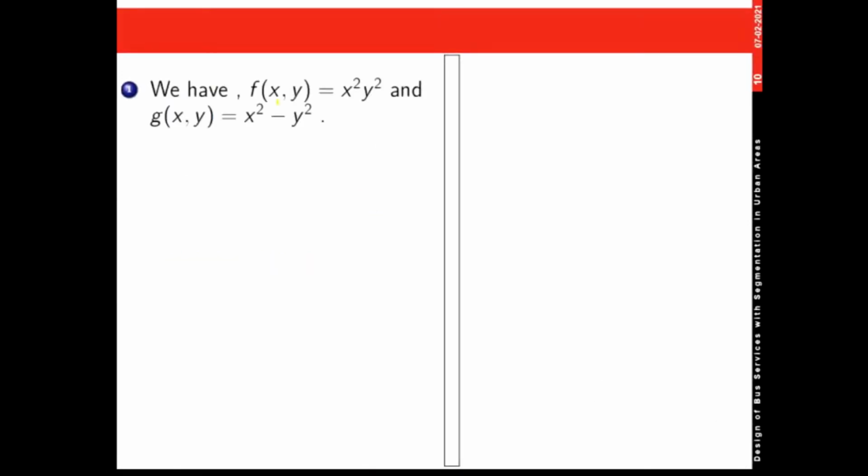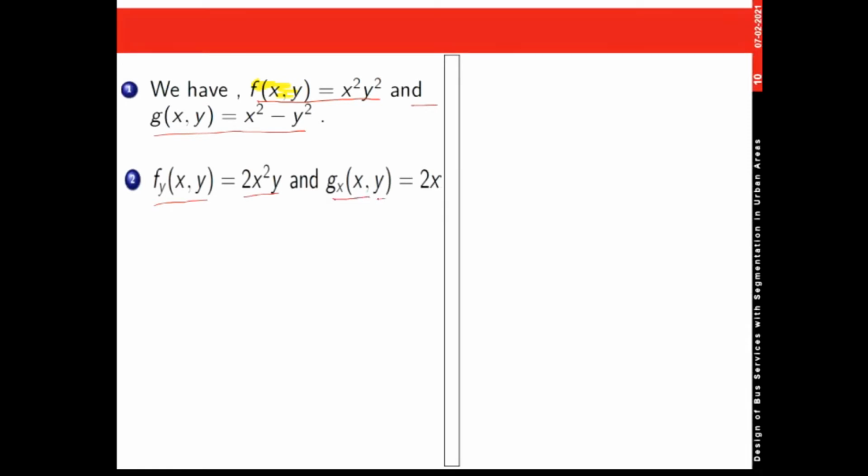So here, given f(x,y) is equal to x² y², and g(x,y) is equal to x² minus y². If you find the first partial derivative, f_y is 2x² y, and g_x is 2x.